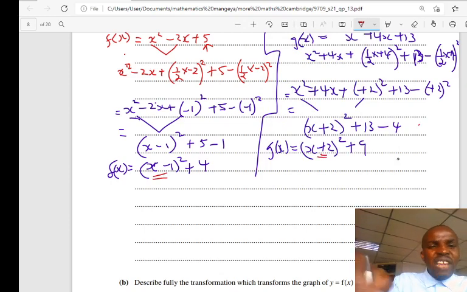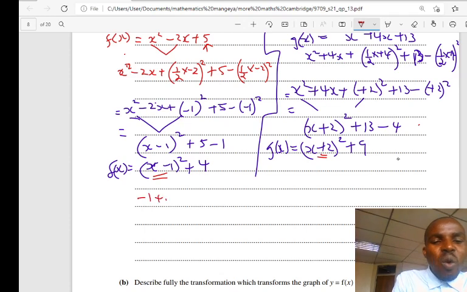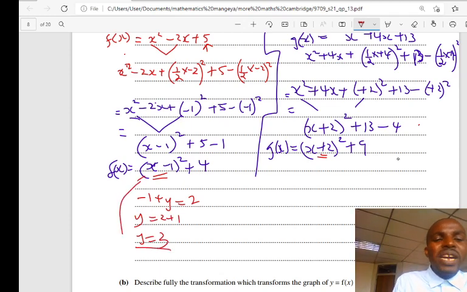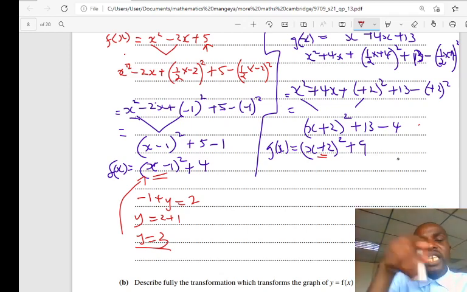How did we arrive at plus 2? In other words, we have added something to minus 1 to get 2, right? We can say y equals 2 plus 1, y equals 3. So we have added 3 to this number inside the brackets to get g of x, right? We have added to f of x to get g of x.